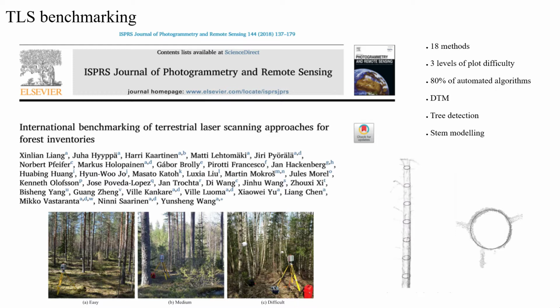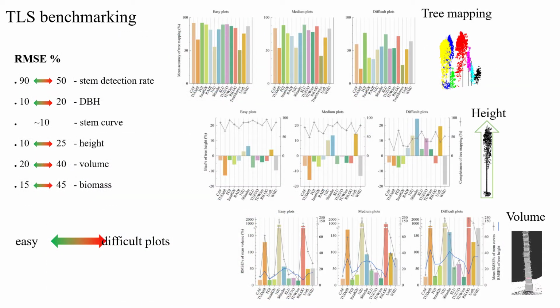And the methods validated came from extracting ground points to build DTMs up to stem segmentation, passing through heights and diameters and taper curve. So this huge effort to validate and benchmark the available methods out there gave us a few conclusions.